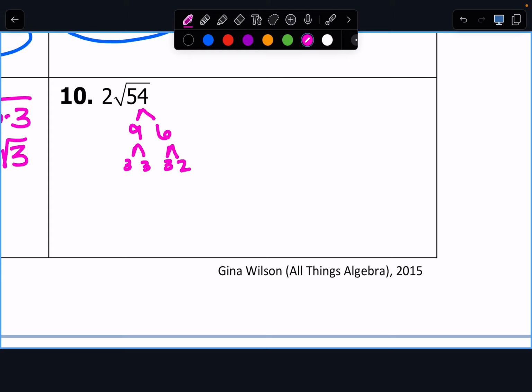Not yet. So what's going to happen is this 2 is still there. And we're multiplying it to the 3 that comes out of our radical. And left over are my 2 loners, 3 times 2.